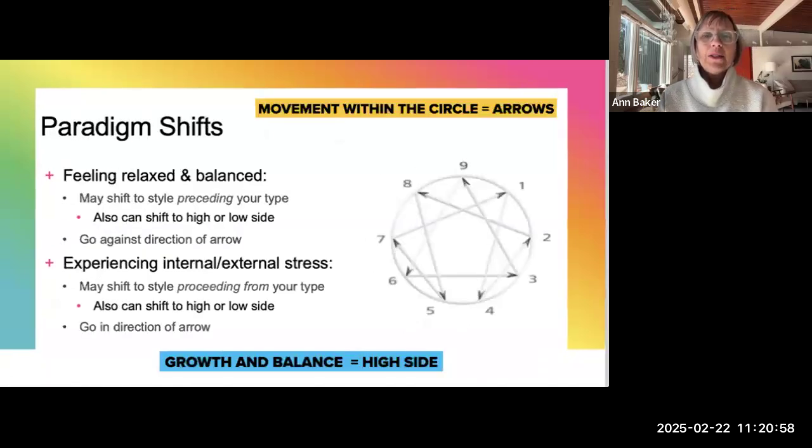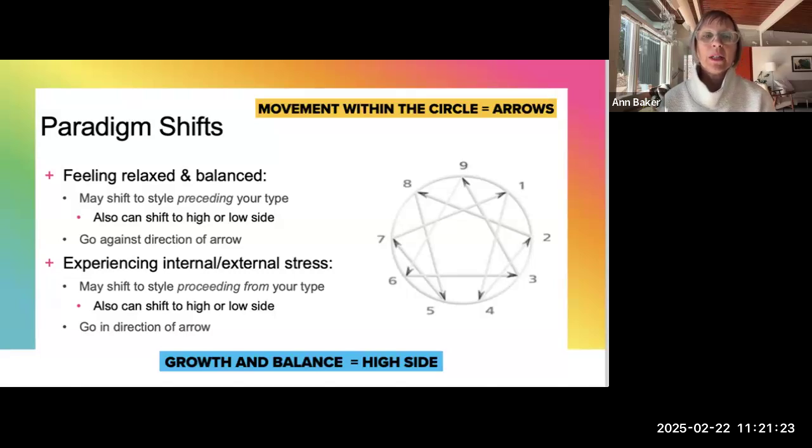Okay. So there's arrows, and these can be very confusing, but what part of the symbol of the Enneagram is this idea that there's movement within the circle through these arrows. And what people have discovered is that there's predictable patterns that the numbers go to when they're both stressed and relaxed.